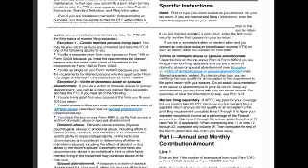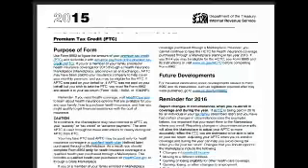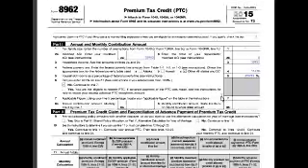This is the instructions page for Form 8962. Okay guys, we are on line 7.